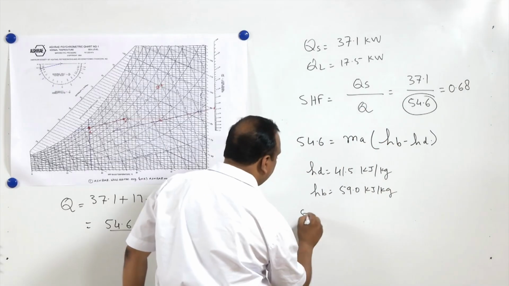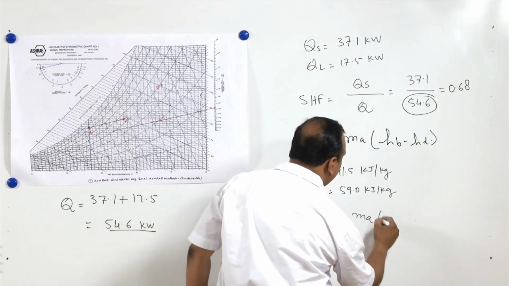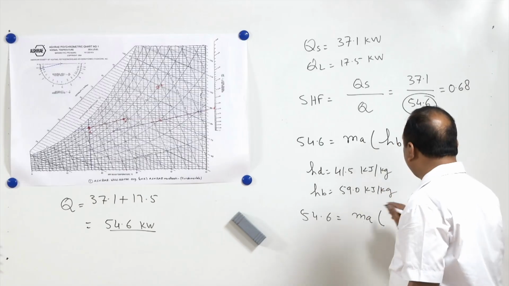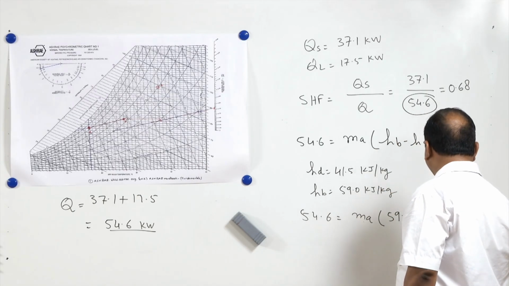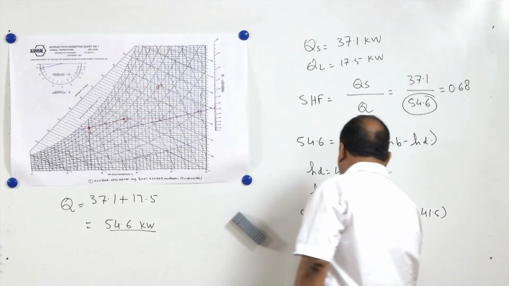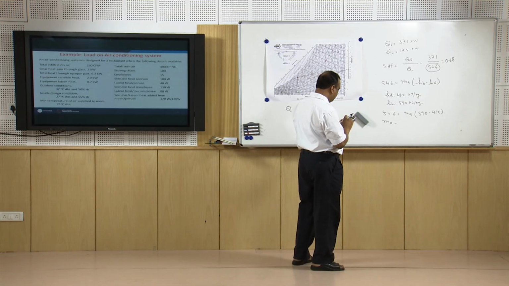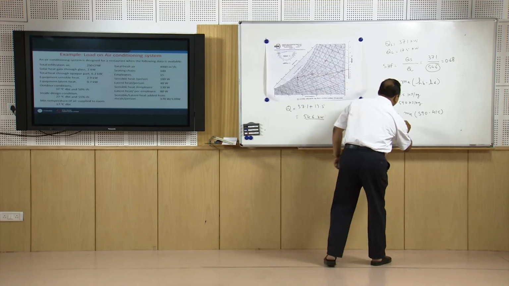So 54.6 is equal to the mass of the air multiplied by HB minus HD, that is 59.0 minus 41.5, and in this case we will get a mass flow rate of 54.6 divided by 59 minus 41.5, that is 3.12 kg per second.